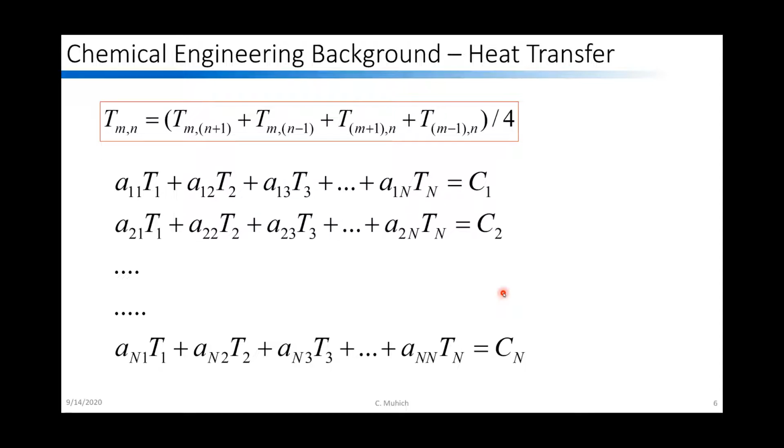In order to solve these, we need to solve all of them simultaneously in order to get the answer for the temperature distribution or for the distribution of concentrations. And we're going to see this come up in chemical engineering a lot, where we have these interdependencies of one reaction on another. And we're going to solve them using matrix math.